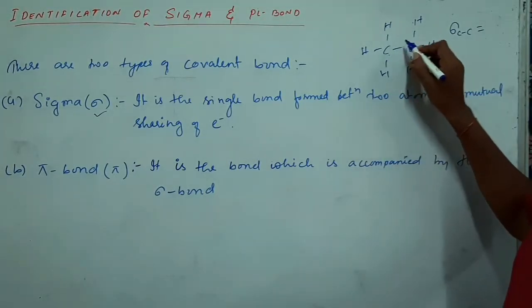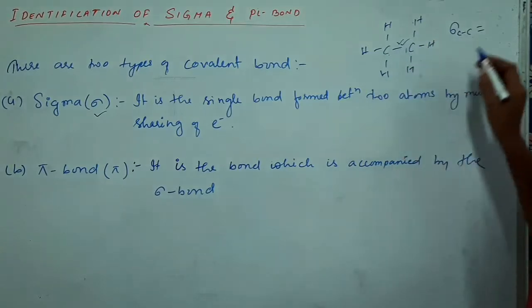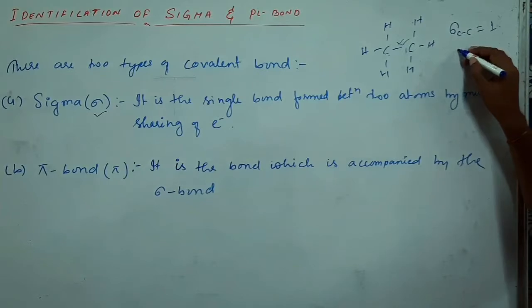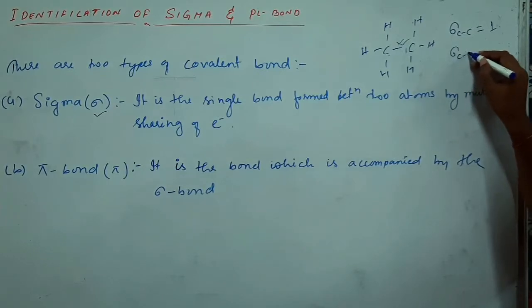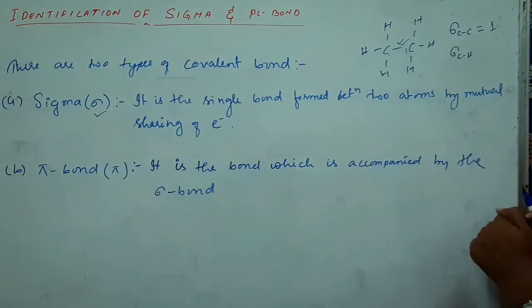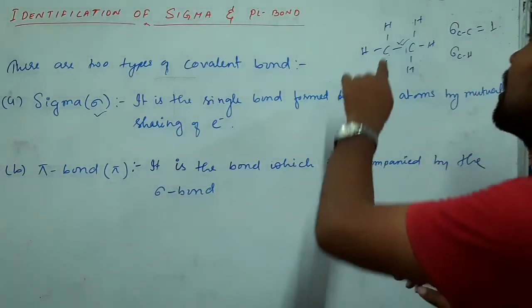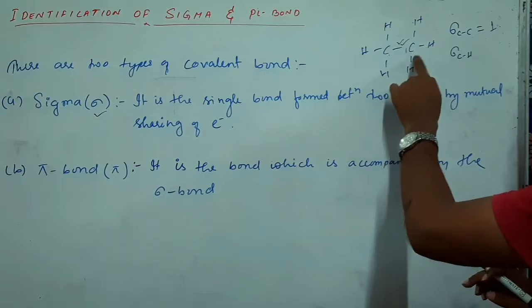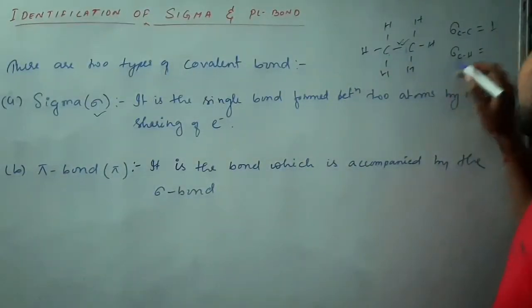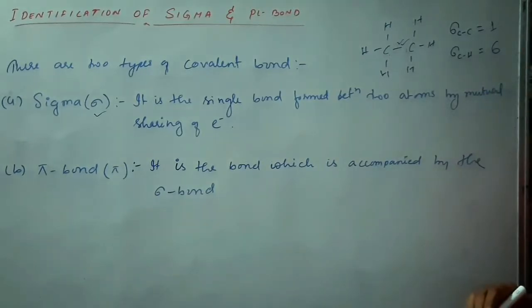Between carbon and carbon there is only one bond, so the number of sigma bonds between carbon and carbon will be 1. Next one is sigma bond between carbon and hydrogen. So how many single bonds are there between carbon and hydrogen? 1, 2, 3, 4, 5, 6. So there are 6 sigma bonds between carbon and hydrogen. So we'll write it here, 6.